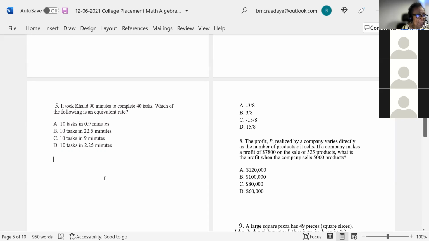Now, it took Khalid 90 minutes to complete 40 tasks. Which of the following is an equivalent rate? That's mental math. It took Khalid 90 minutes to complete 40 tasks, so your question is, how long would it take to complete 10 tasks?